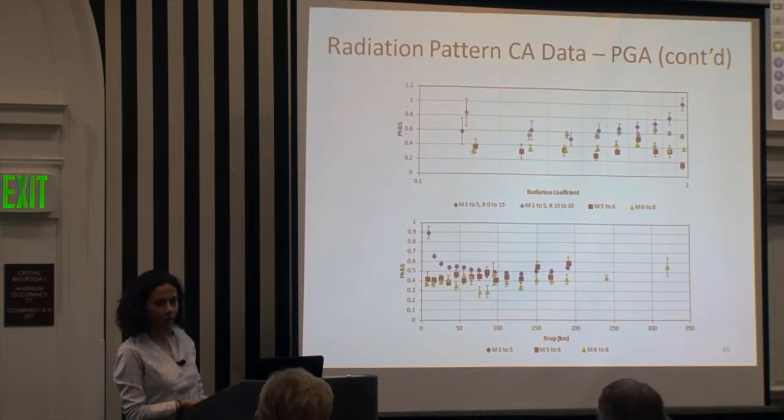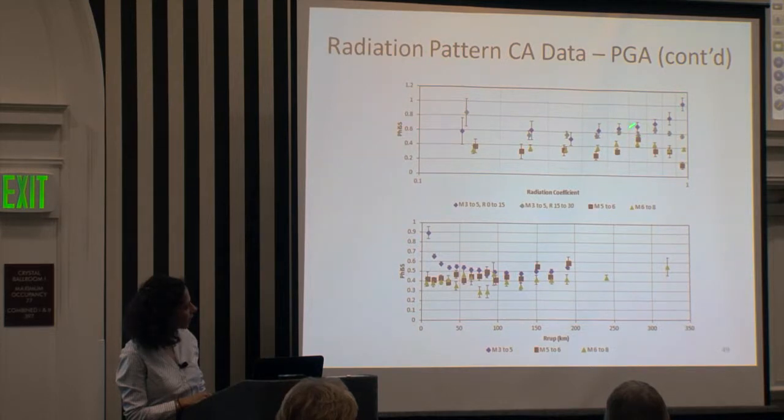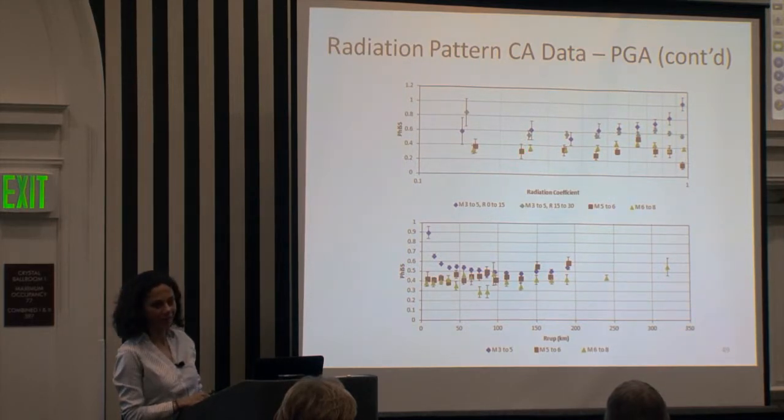And my hope was to see magnitude, R0 to 15 here, but then R15 to 30. So go back one again. I'm still trying to figure out what we're trying to show here. We want to know the impact of radiation pattern, but you're applying the standard deviation about the average line?